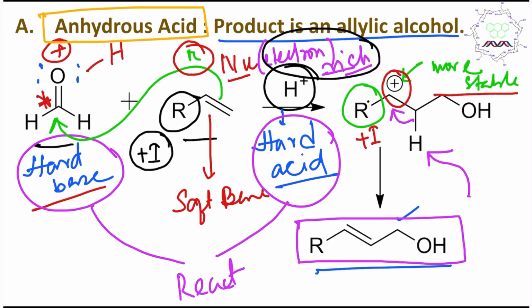Now student, see, in the second step H plus or acid is regenerated, in the first step it is consumed, so you may consider that this is catalytic. Acid is sufficient for this process, and in this way the allylic alcohol is produced.